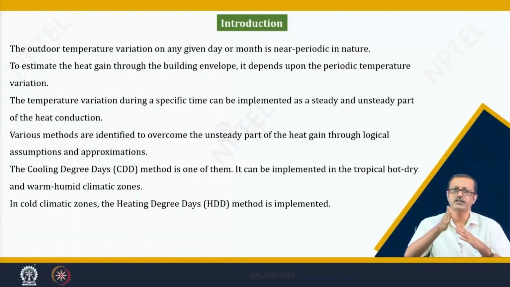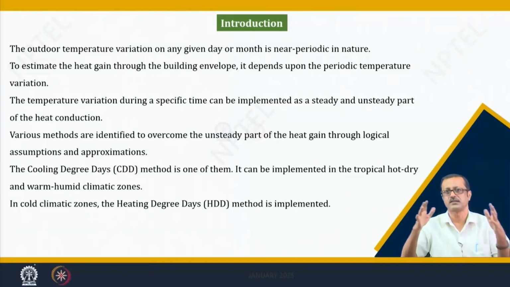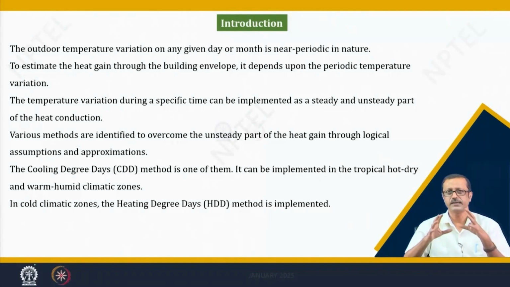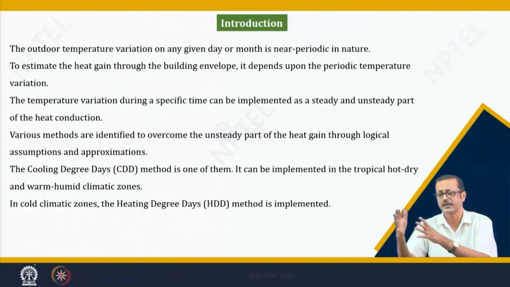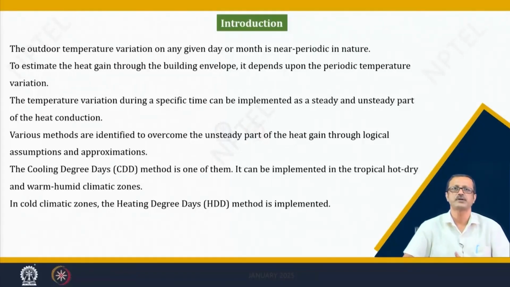We may not go deep into the detail of the outdoor temperature of each hour, or the daily peak and the changes after some 6 hours or so. Only a diurnal temperature difference we can think of, and then we can find the average temperature difference, and if there is some base temperature, we can see the deviation.